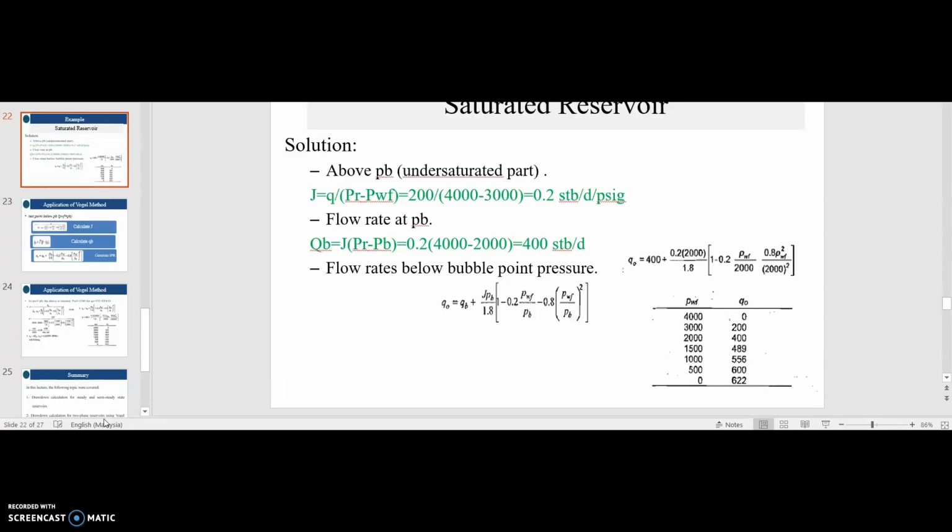So we need to assume the reservoir original pressure is greater than bubble point, and assume a test point given in the range between reservoir pressure and the bubble point, and follow the same procedure to solve the example. Okay, and thank you for watching this video.